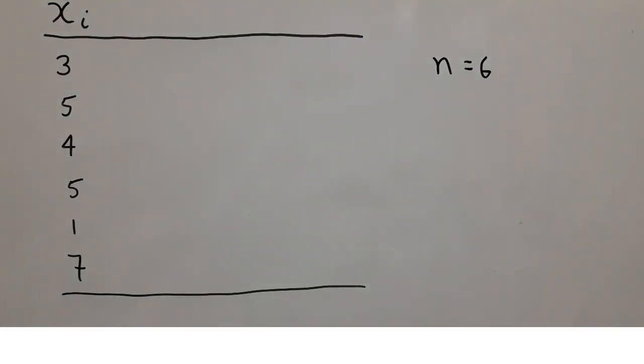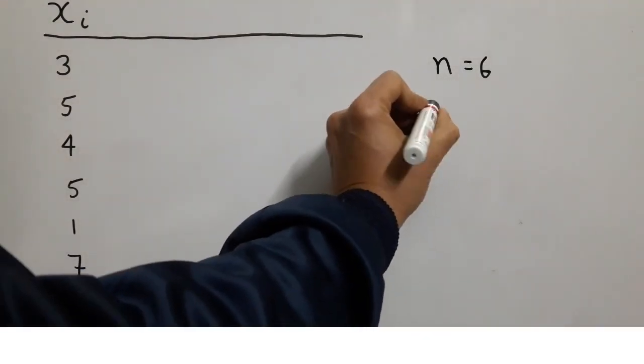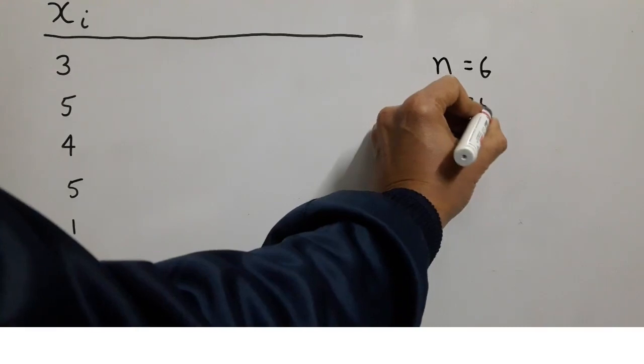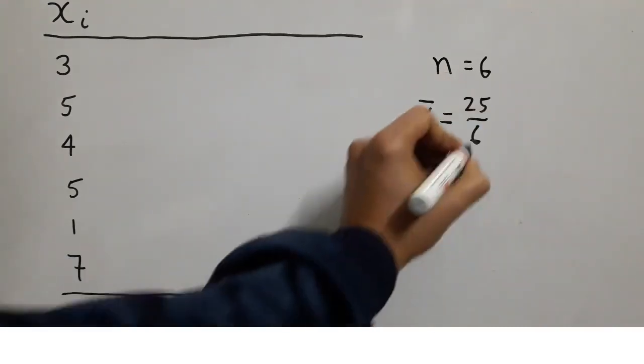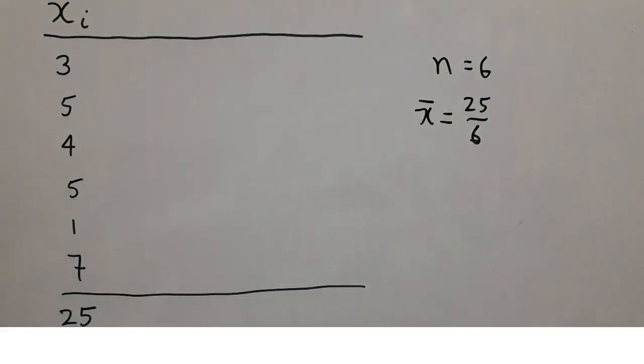The first step will be to compute the average, for which I will first need to add them up. 8 plus 4, 12, 17, 18 plus 7, that gives me the total 25. So I get the average, which is x bar, that will be 25 divided by 6, whatever that is.